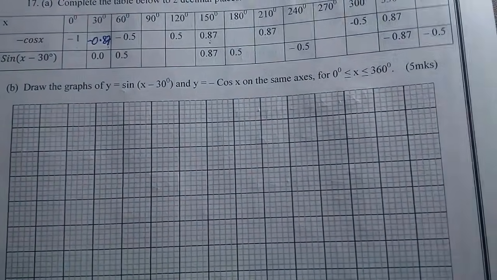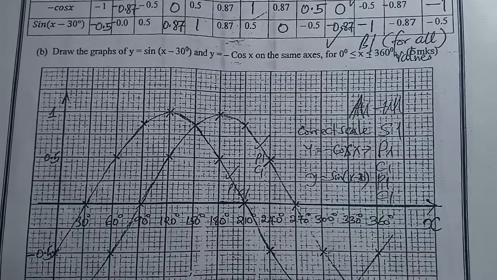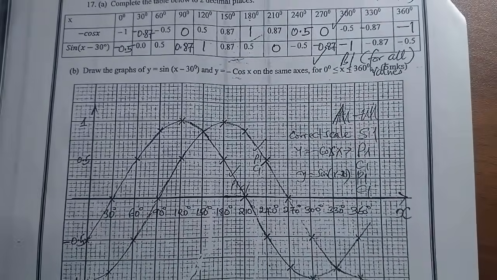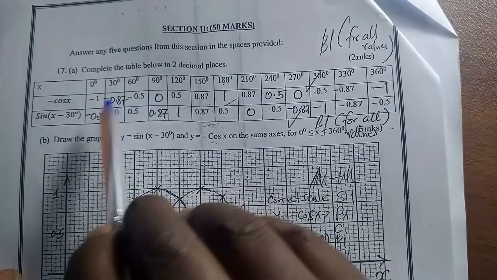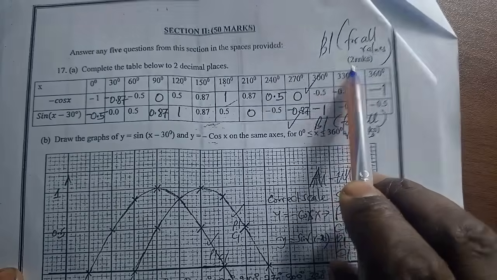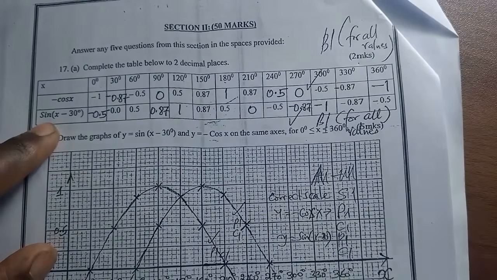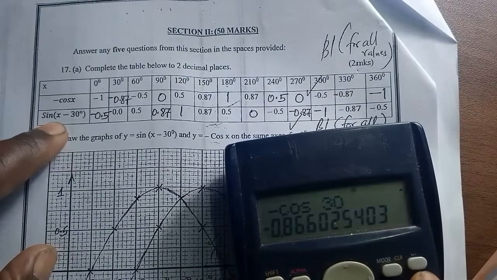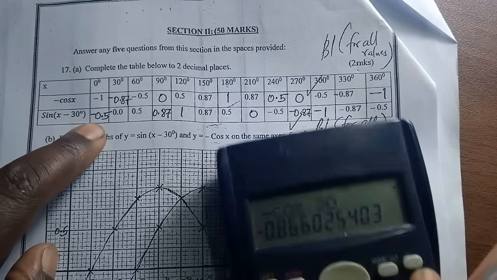So after drawing, you will have something of this kind. After filling this one, 2 marks for using your calculator. If it is this one, sine x minus 30, you write it the way it is in the bracket.